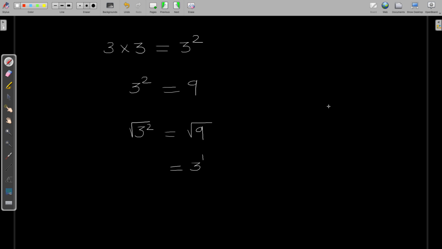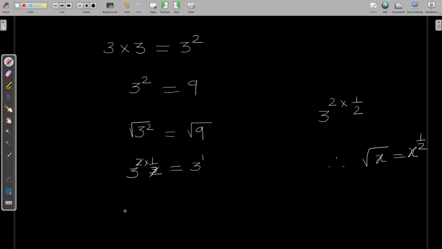That means 3 squared should be multiplied by 1 upon 2. Therefore, we conclude that the square root sign is nothing but to the power 1 upon 2. So 3 squared can be written as 3 squared to the power 1 upon 2. When we cancel that, we get 3.